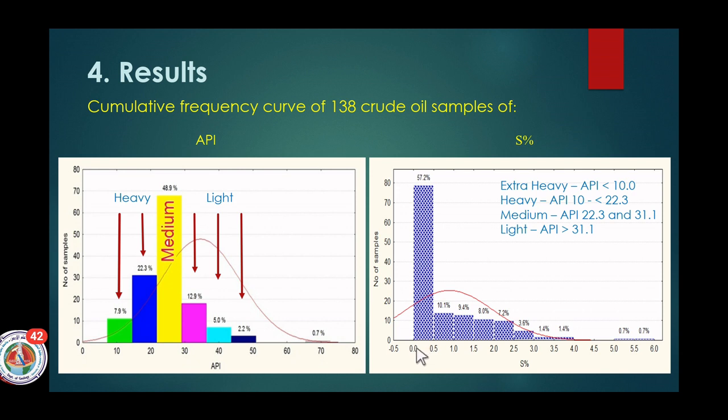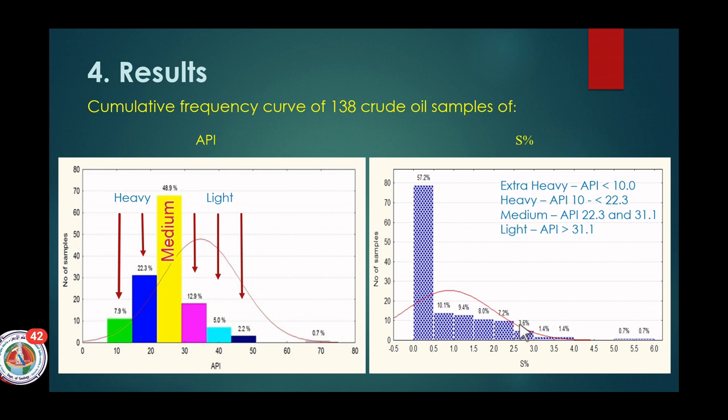Take a look here. It's low sulfur. And these cumulative bars represent medium to high content sulfur.